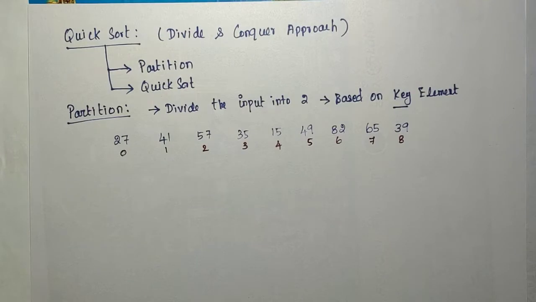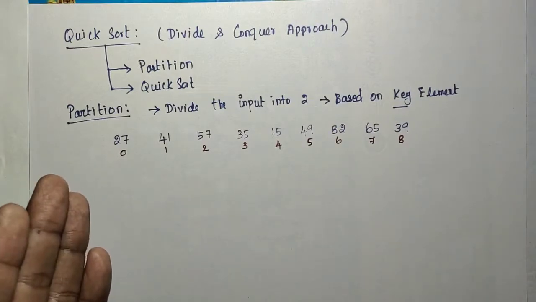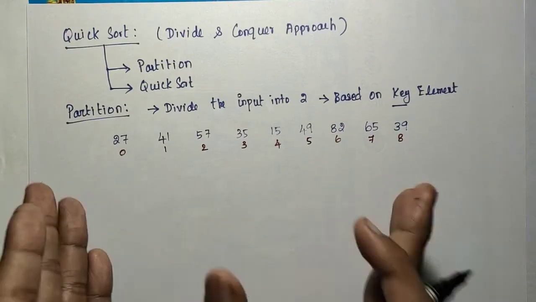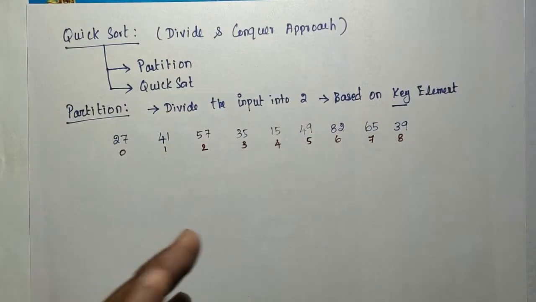So the advantage of this partition in quicksort is that in each partition one element will get sorted. But in merge sort, in each division, no element gets sorted; we just find the index of the middle element. Here it will do some procedure, and during that, one element, the key element, will get sorted.